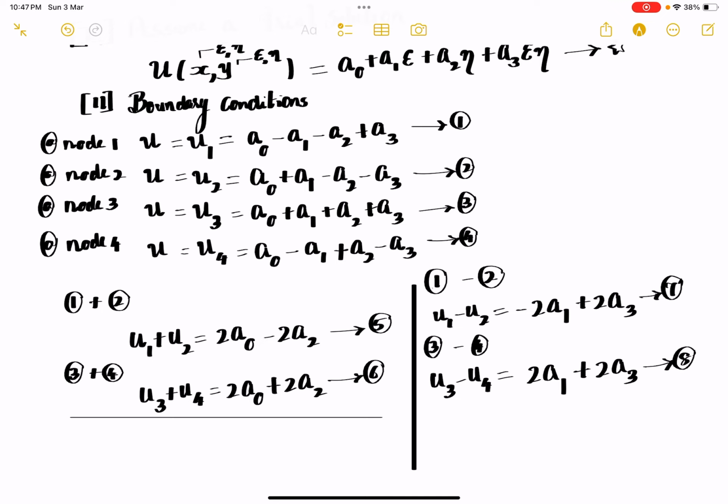If you solve 5 and 6, all I have to do is add the 2 so that A2 goes away. You'll be getting U1 plus U2 plus U3 plus U4 is equal to 4A0. You got this by adding 5 and 6.